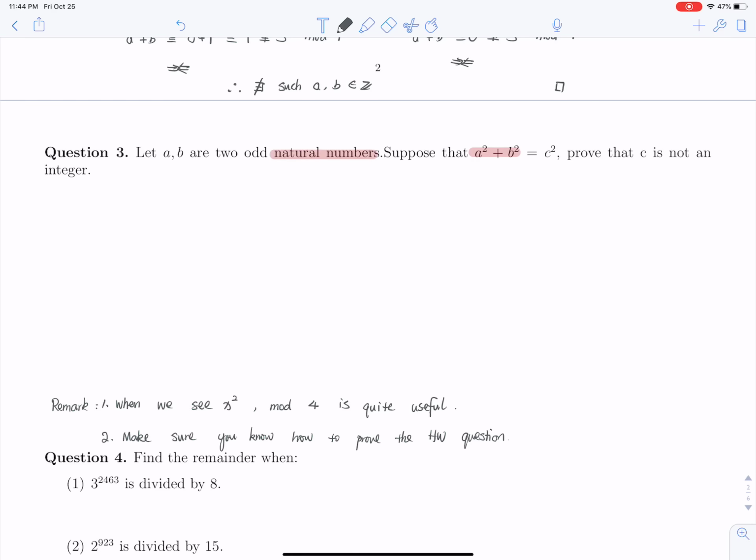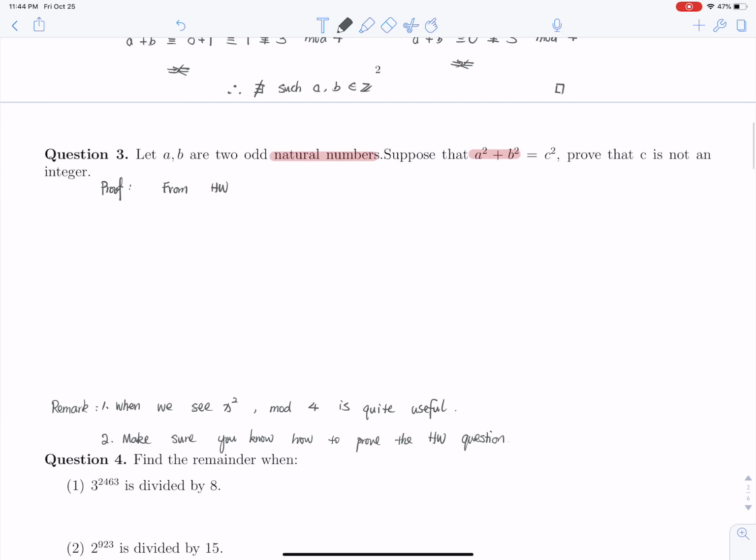Okay, now let's try this again. Proof. From the homework question, we know that since a and b are odd natural numbers, a squared is congruent to b squared is congruent to 1 in mod 4.